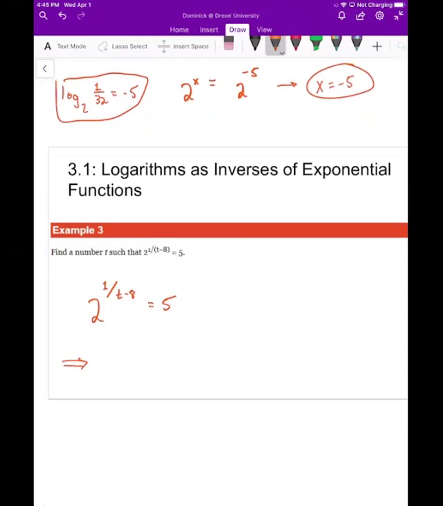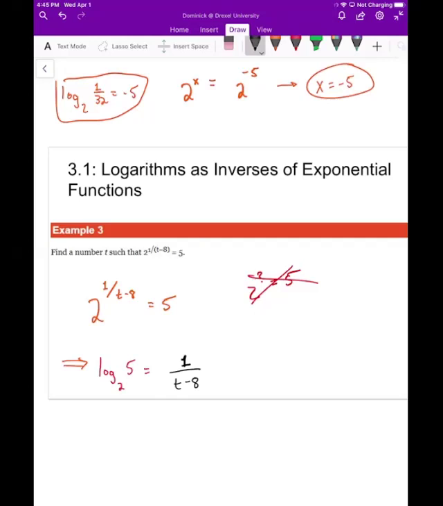Because the idea here is that I can't raise 2 to a power to give me 5, right? That can't happen. So here's where we would use logarithms. I can say that this is log base 2 of 5, and then that would just give me 1 over t minus 8.